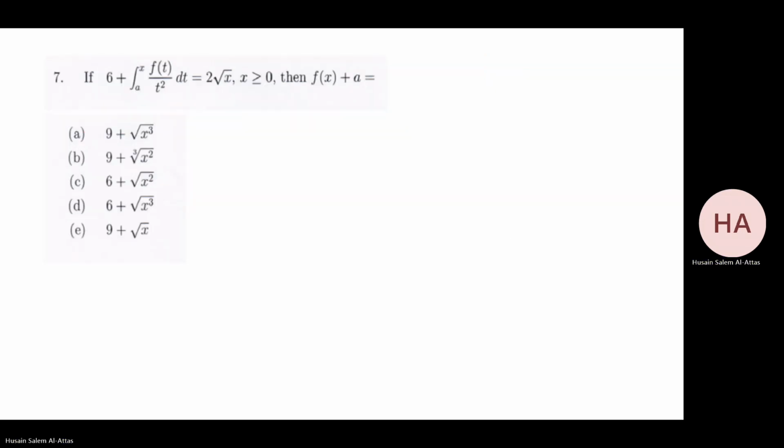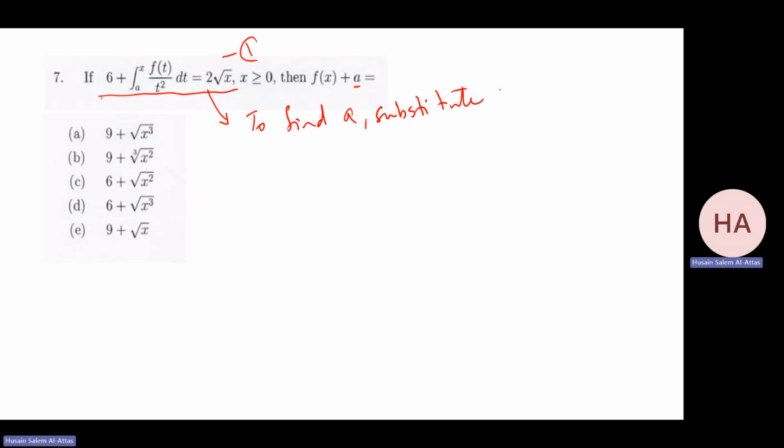Okay. I want f of x plus a. So I need a and the function. How to find a? I will find a, substitute. Let me call it 1. A in 1. So that will kill the integral, so I can find a.